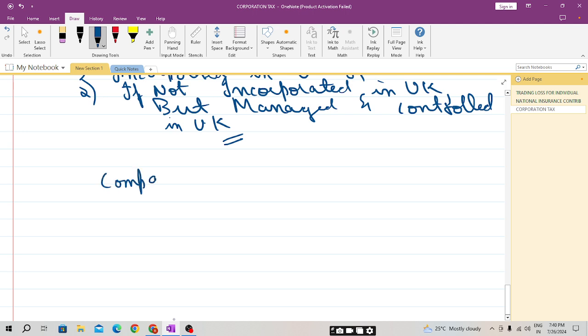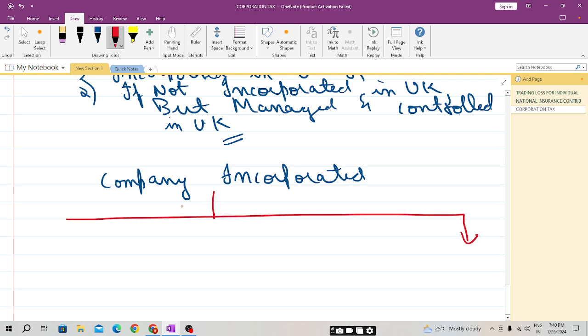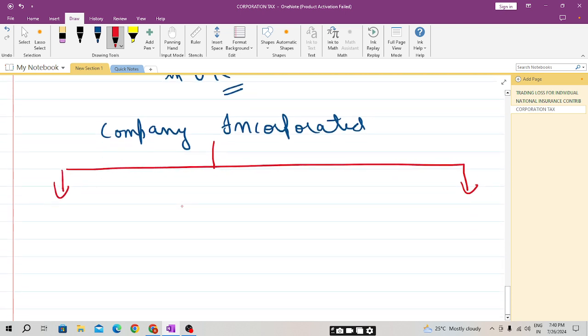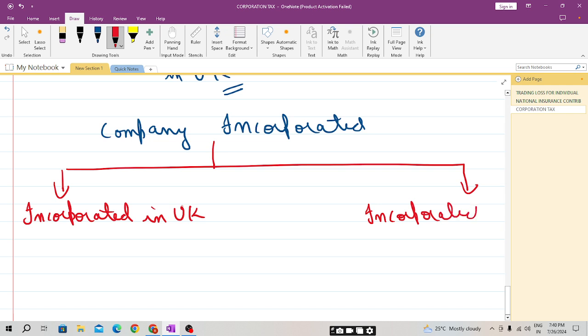So companies incorporated. As we have discussed students, a company may be incorporated in UK or incorporated overseas, that is some other country.